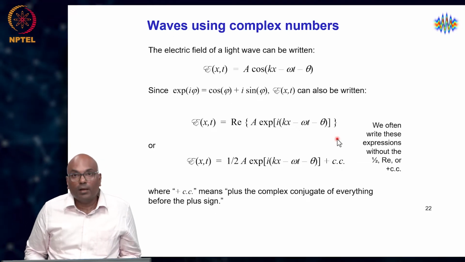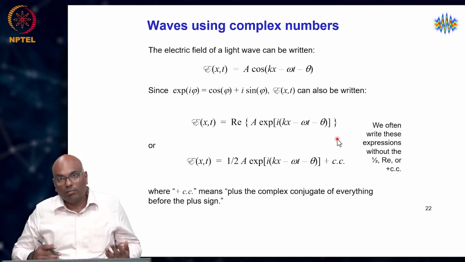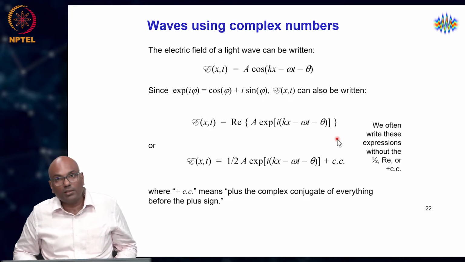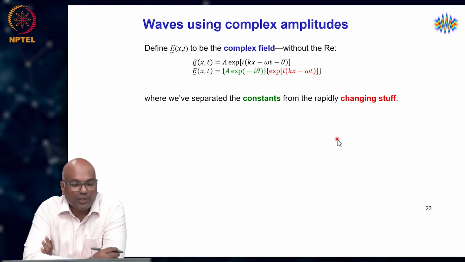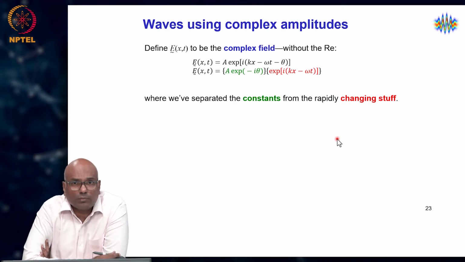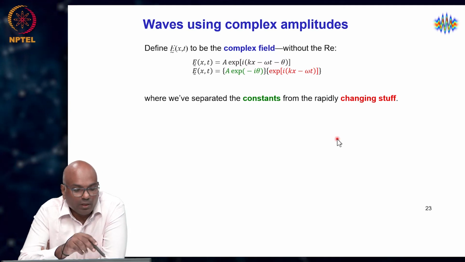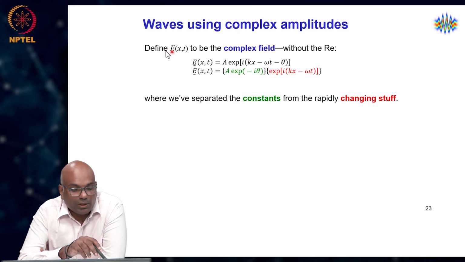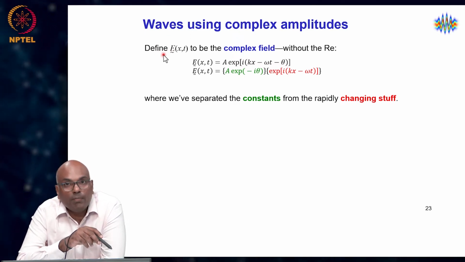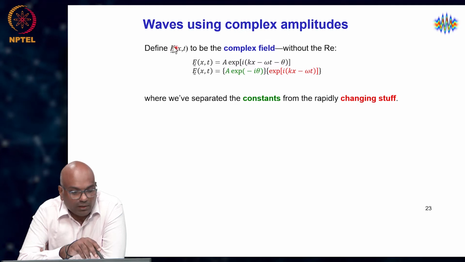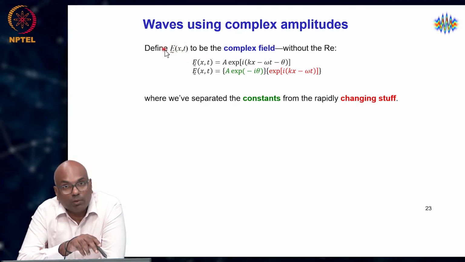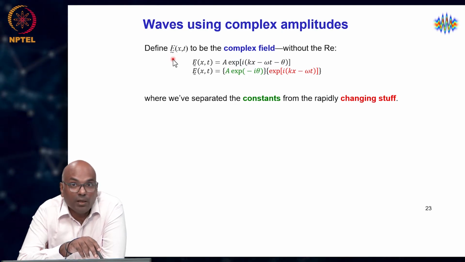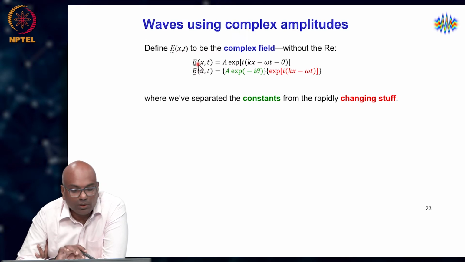But then, while this is the case, mathematicians, physicists, and engineers look for some degree of convenience. So, with a slight abuse of notation, what we do is the following. We take the electric field E of x,t, but use a tilde on top of E to emphasize the fact that this quantity can be complex valued, although electric fields are real valued functions, and write things down in the following way.